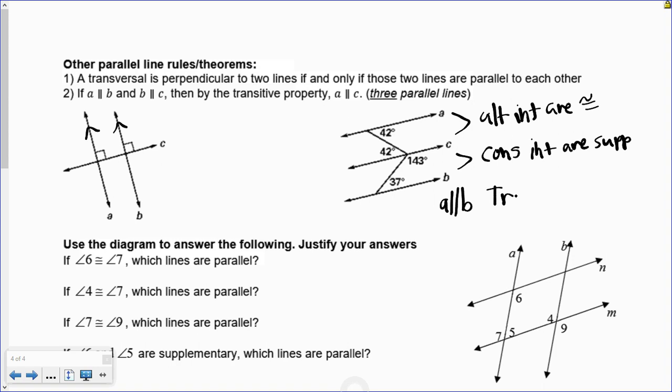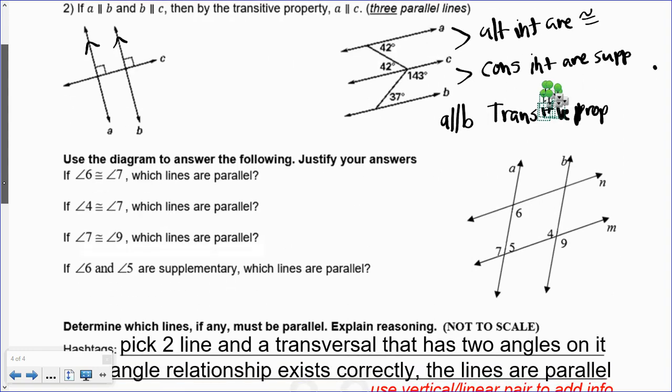You would just say transitive property. Sorry, my writing's going to start disappearing now. The transitive property. So if you ever want to jump from one parallel line to the other, you just use transitive. We don't use that often, but just so you know, there you go.